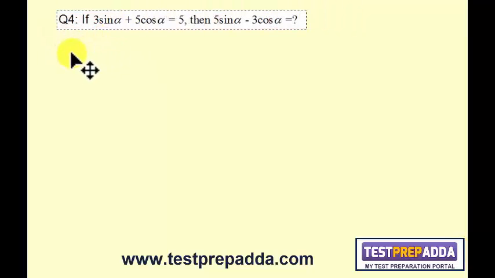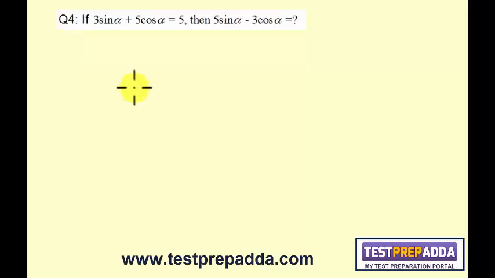The given data is 3 sin alpha plus 5 cos alpha is equal to 5.